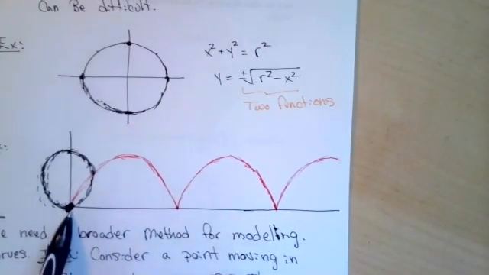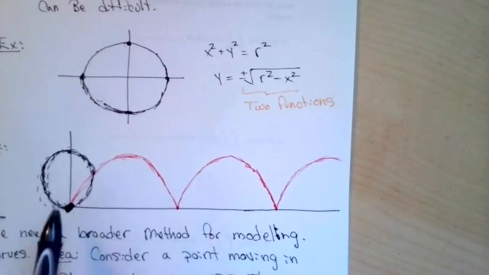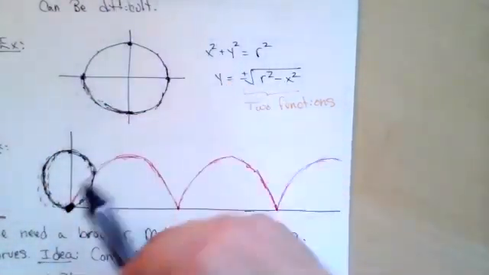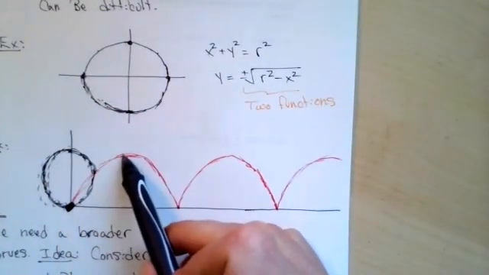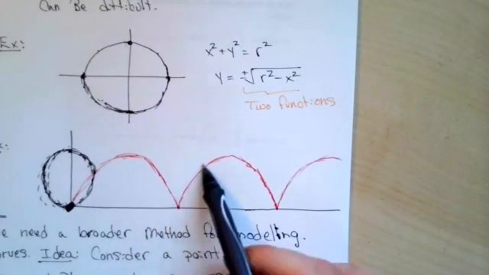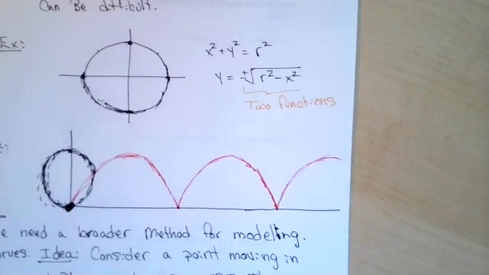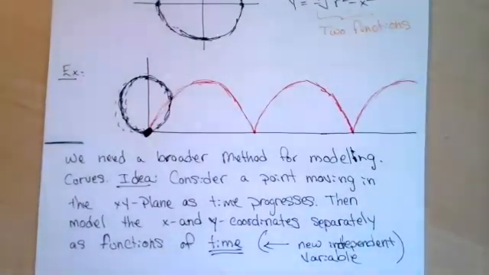Namely, at time 0, if the bottom of the wheel starts here, or whatever special point we have on our wheel, now as time progresses, we can imagine this thing rolling, and we can watch this point on the wheel travel through space, through our X and Y coordinate system. So that is our method.